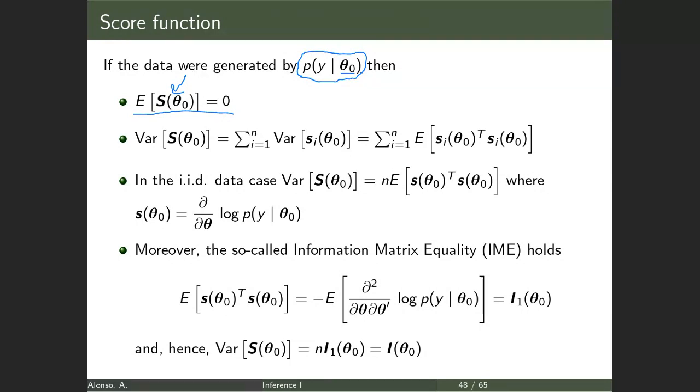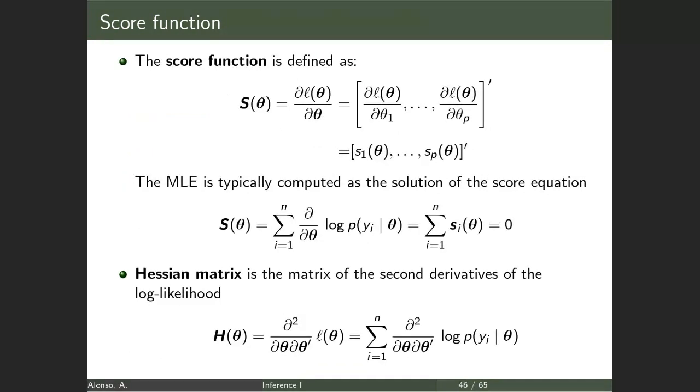Now, what is the variance of the score function evaluated on the true value? Well, you remember what the score function is. You go back here, you remember that the score function was just the sum of these individual score functions for each observation. So the variance of this, given that the data are independent, is going to be just the sum of the variance of each of these elements over here.